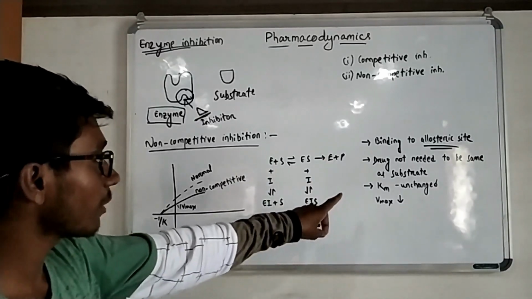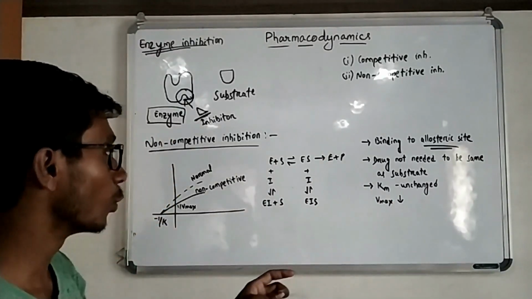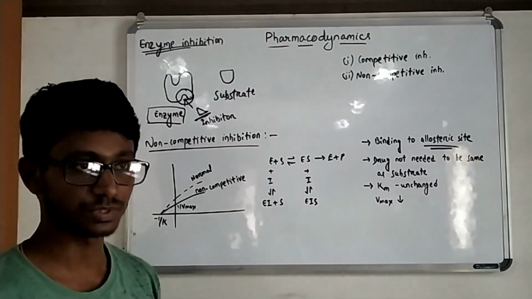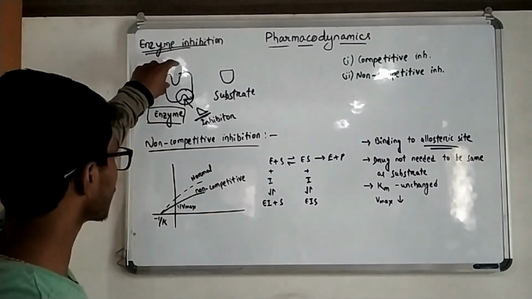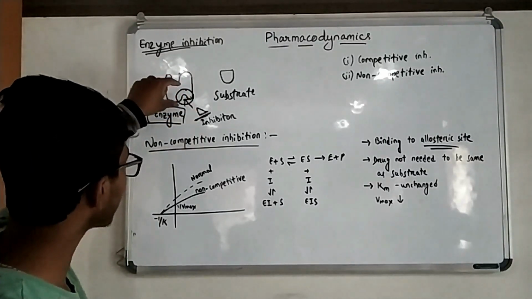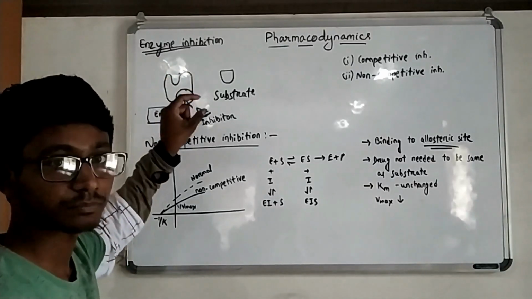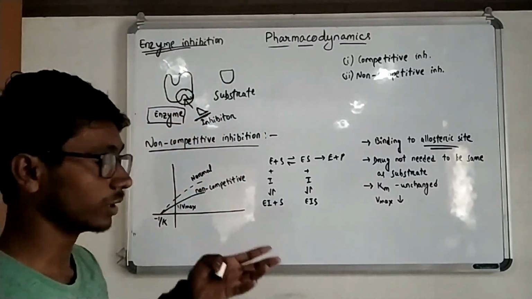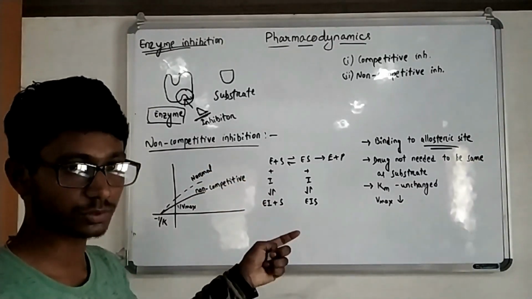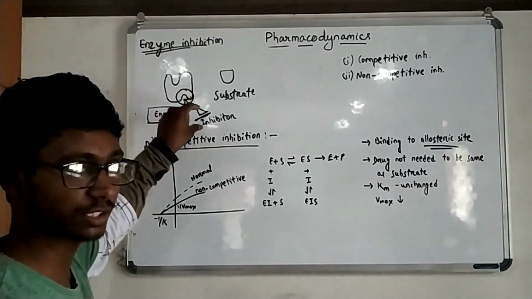So here what will happen? Our Km will remain unchanged because we are not giving much substrate. Even if we give much substrate, the substrate will not attach here, the substrate will attach here. So if we give much substrate, the substrate will not sweep away this inhibitor.